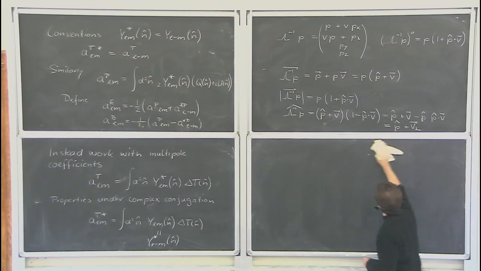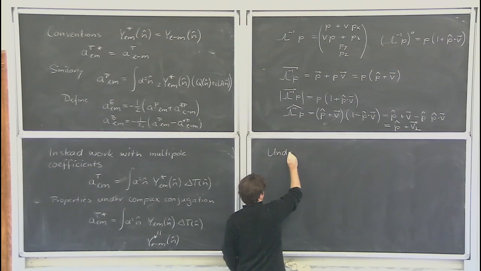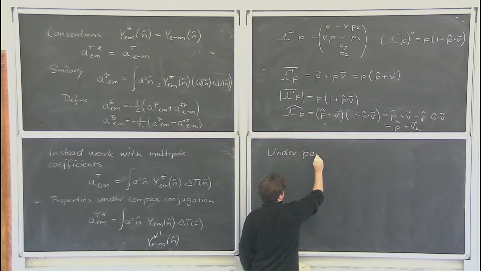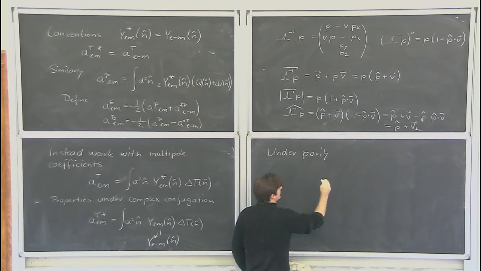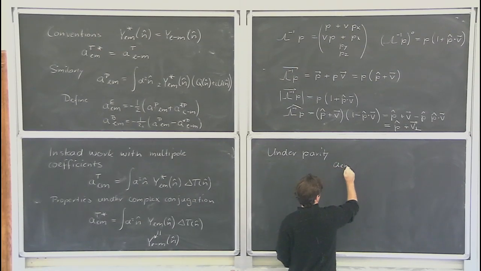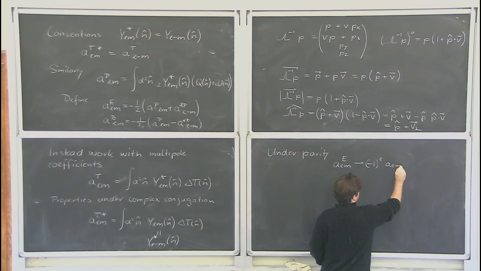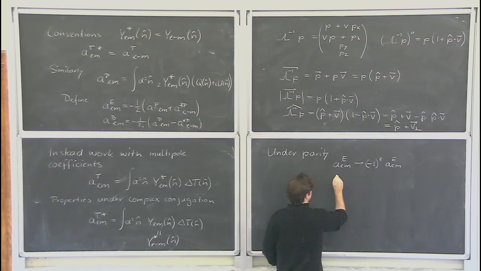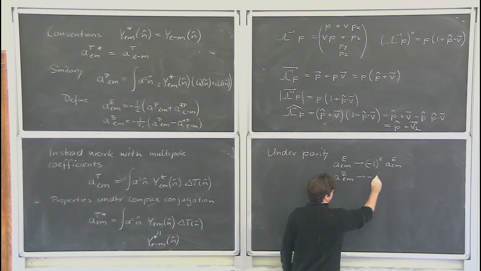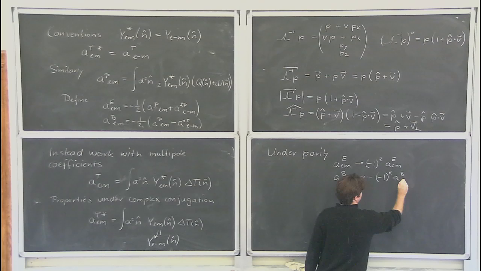And under parity, they transform in the following way. So under parity, x goes to minus x, you just get that A_E_LM goes to minus 1 to the L times A_E_LM, and A_B_LM goes to minus of that, minus 1 to the L times A_B_LM.